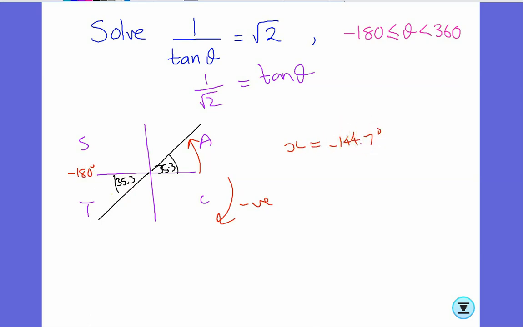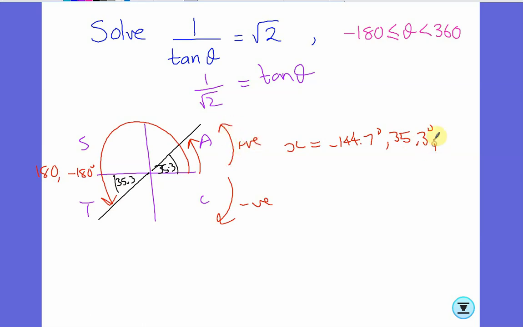And then we've reached the end. We don't have to go past minus 180. So if we go in the positive direction now, we're going to go all the way to 360. So we're going to get this first one here to be 35.3. And then keep going round, add on 35.3 to 180, because this is also 180 if we go in the positive direction.